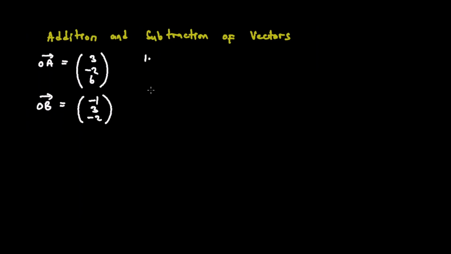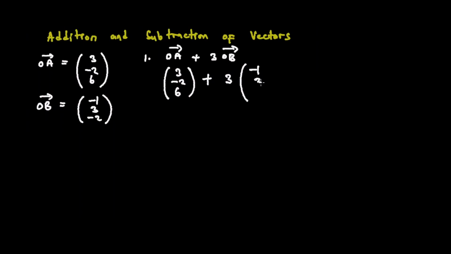So for our number 1, we want to find OA plus 3OB. So of course we are going to substitute OA as (3, -2, 6) plus we have 3 here, OB is (-1, 3, -2), like that.